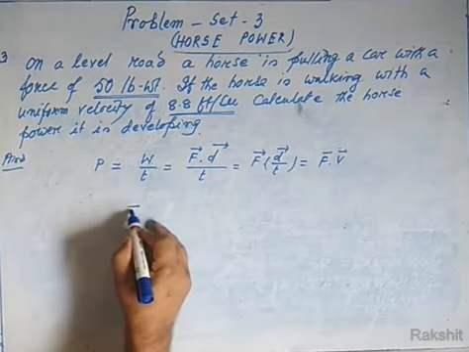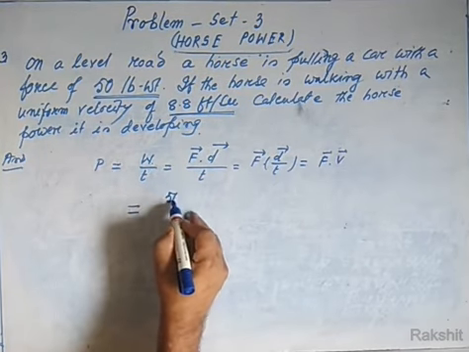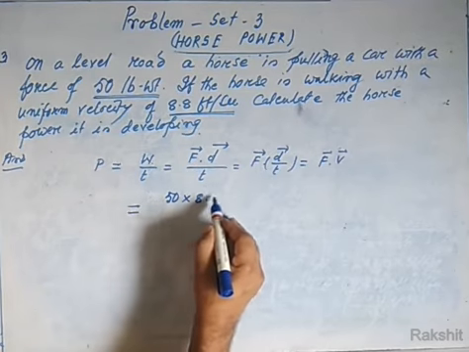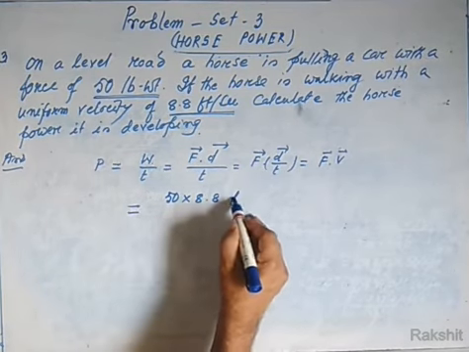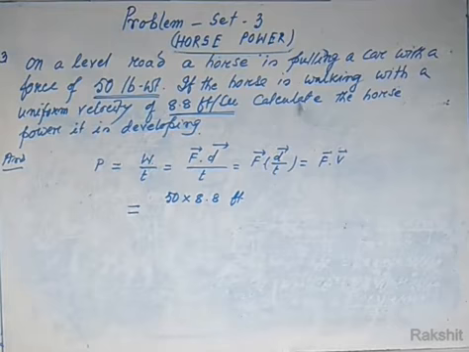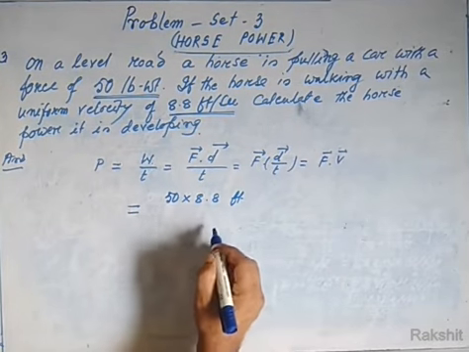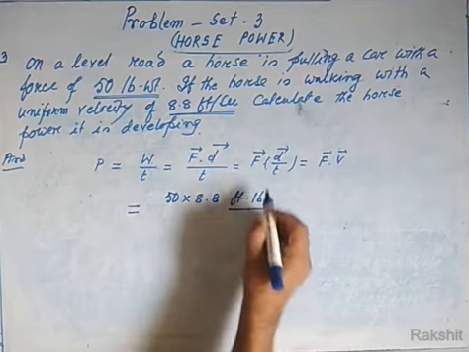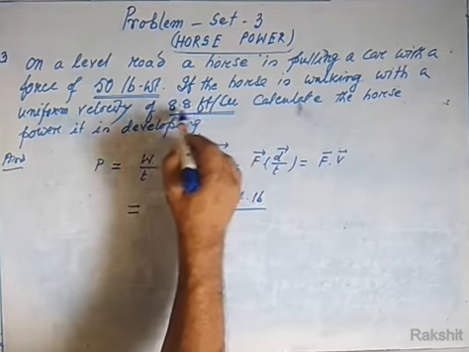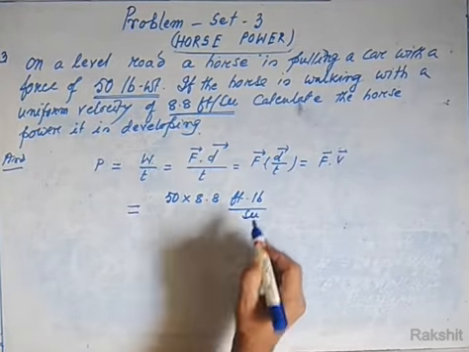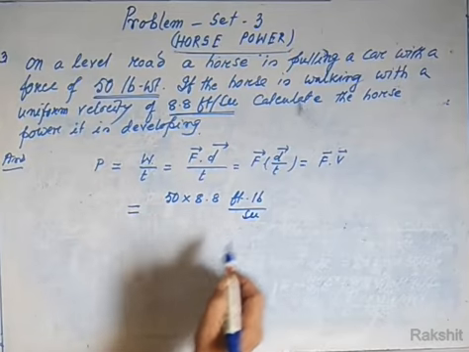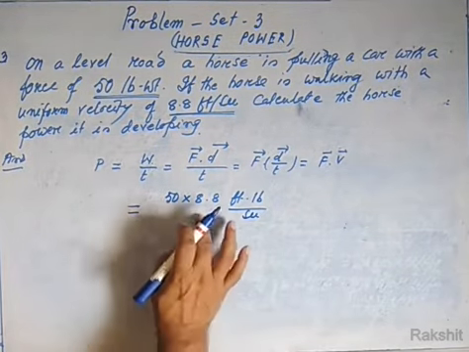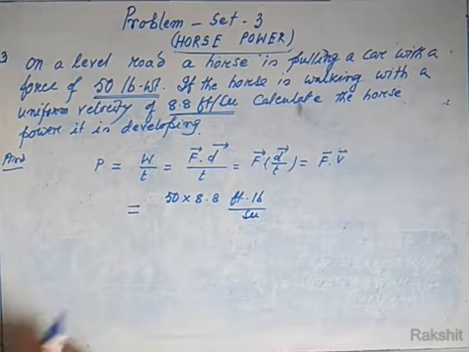So force is given here and velocity also given here. So power is equal to, in this case, 50 into 8.8 foot pound per second. Now when foot pound per second is converted into HP unit, it must be divided by 550. Okay?